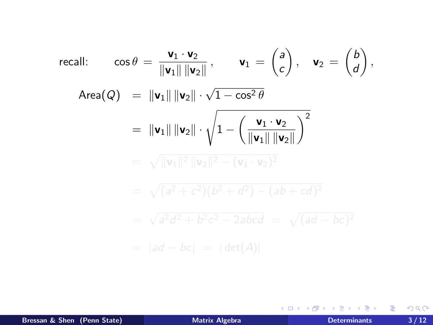Now we go back to the area formula, which is the length of V1 times the length of V2 times the absolute value of sine theta, and we can express the sine theta as this expression here.